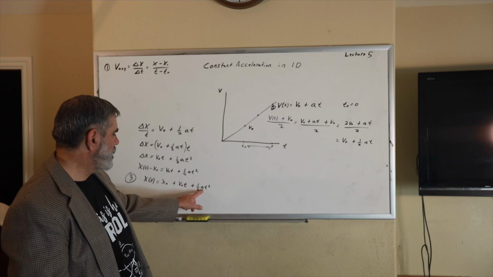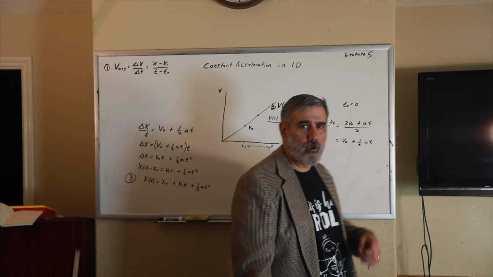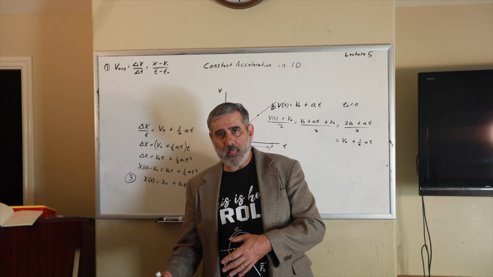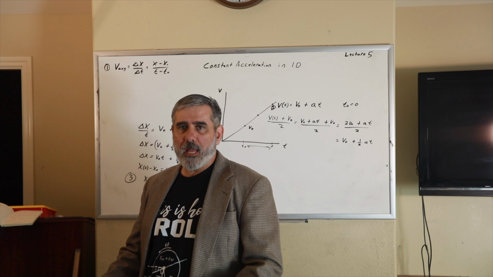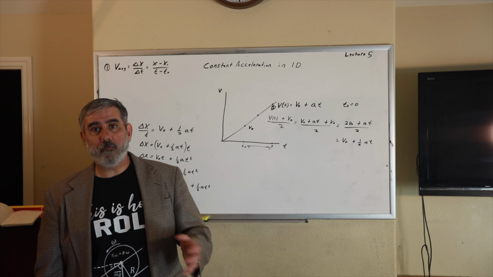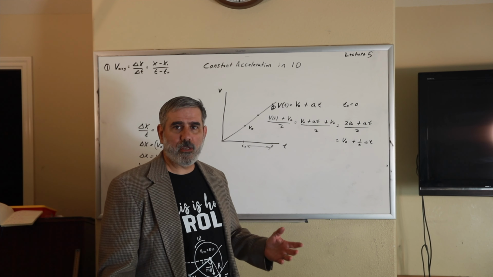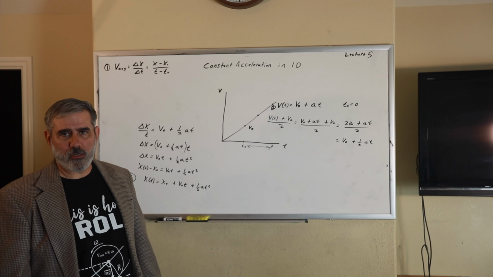And so we'll turn the a into a little g, and we'll say that g is equal to either 10 meters per second squared. If we want to be more accurate, we might say 9.8 meters per second squared. If we want to use different units, we might say it's 32 feet per second squared. But that's the acceleration that you experience near the surface of the Earth, and it's a constant acceleration, approximately.